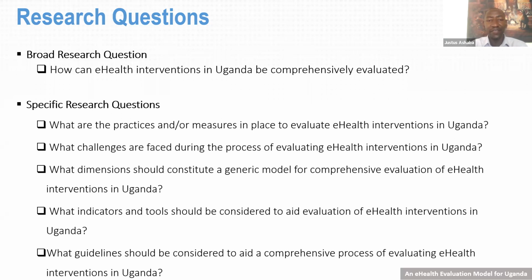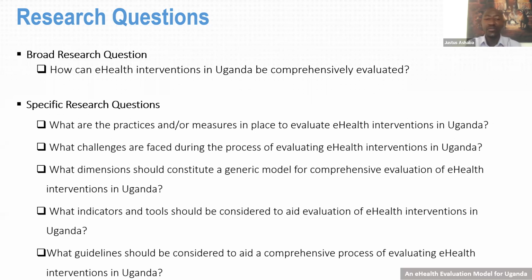And after understanding what was taking place, we also wanted to understand, if we were to better evaluate these interventions, what dimensions or scope of a model would guide such comprehensive evaluation. And of course, when we talk of evaluation and assessments, we also wanted to see what indicators or areas we would really look at and measure to see that these interventions are contributing or giving results.